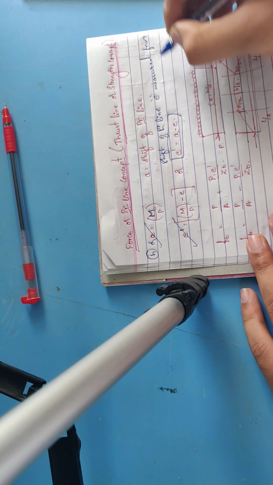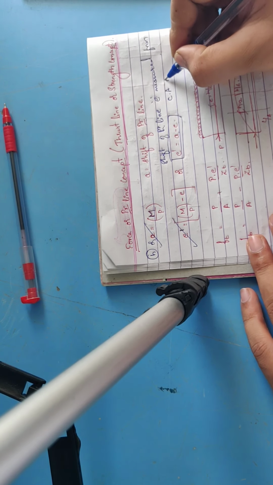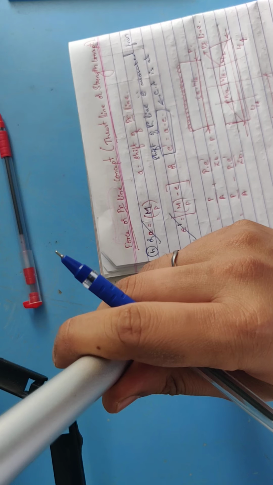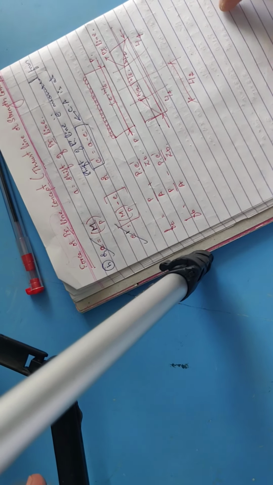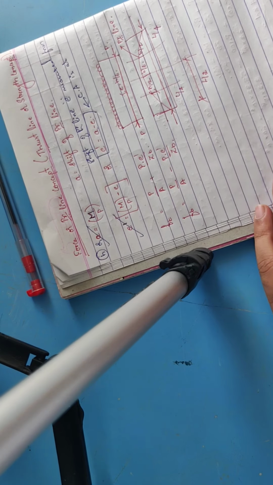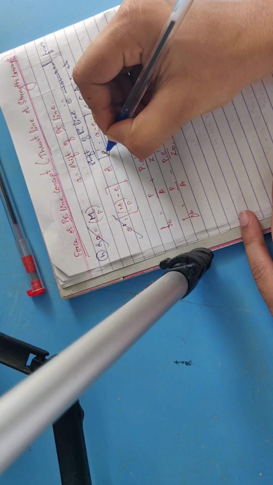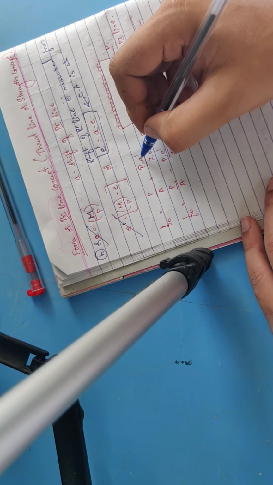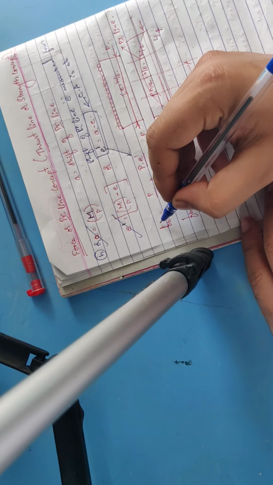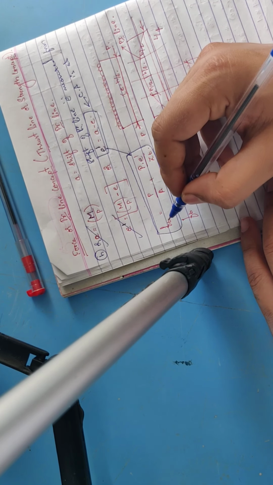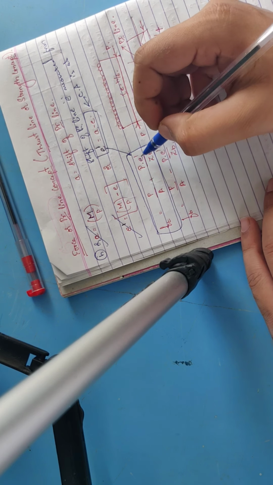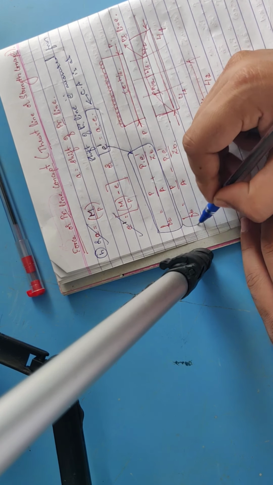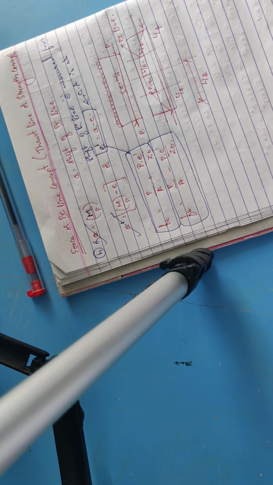Now we have got the eccentricity, that is e dash. So in place of e put e dash and the formula will remain the same. If you are asked for the resulting stresses due to the pressure line concept, in place of e put e dash and the remaining calculation will be the same as it is.